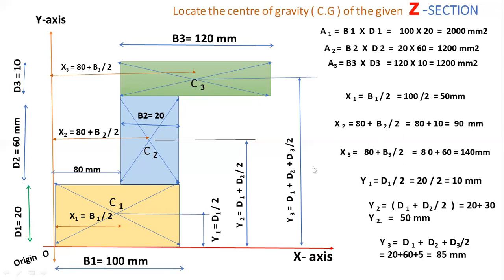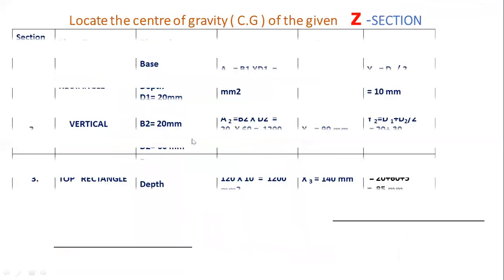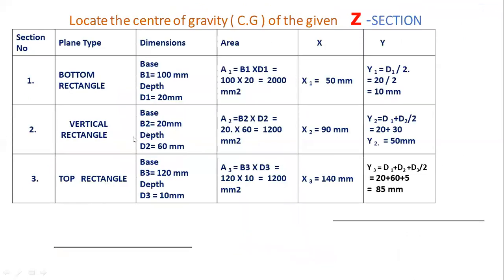Now I am considering these values in tabular form. Here section 1 is the bottom rectangle, section 2 is the middle vertical rectangle, section 3 is the top horizontal rectangle. These are the corresponding dimensions. A1, A2, A3 are the individual areas. These all are the coordinates of centroids.